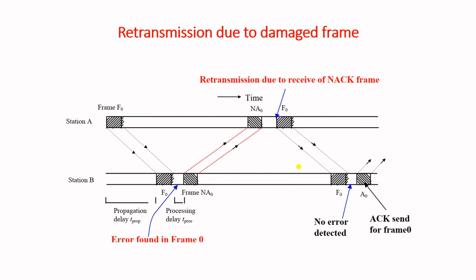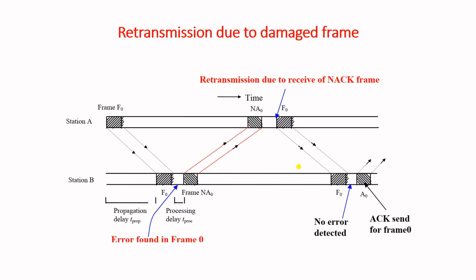This is the retransmission due to damaged frame, or negative acknowledgement. Sender A sends frame 0, it is received, but there is some error found in frame 0 by the station B. Station B sends negative acknowledgement for the same frame F0.